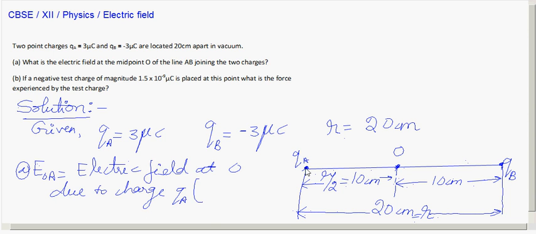So QA, it is plus 3 microcoulomb. So it is plus. So for a plus charge, the field is in a direction which is going away from the charge. If I mark EOA, it will be going away from 3 microcoulomb. It will be in this direction. EOA.